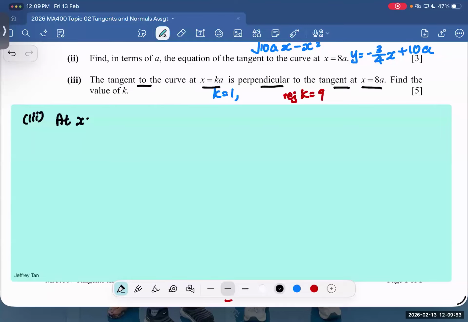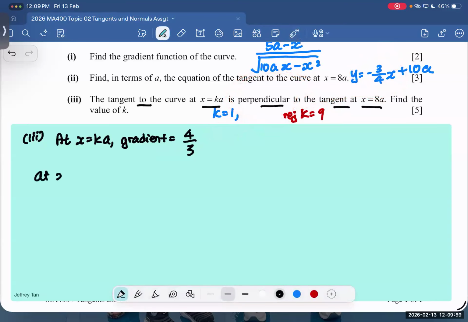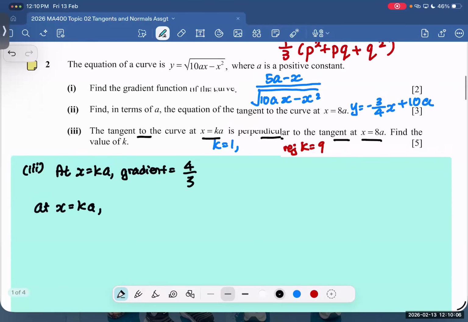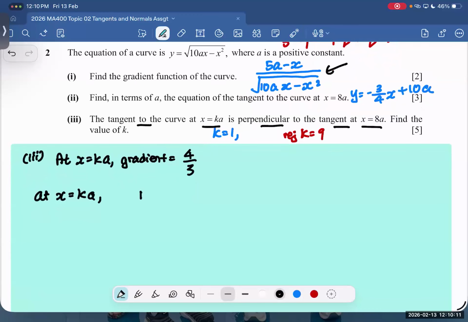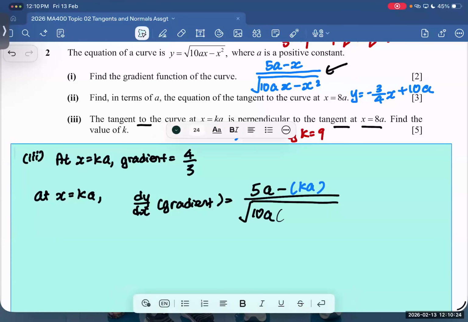Just observe. You also know that at Ka, mathematics sometimes is about writing the same thing in two different ways and then forming an equation. What's the dy/dx? Remember here, your dy/dx, aka gradient, is equal to 5a minus Ka. I'm writing the same thing in two different ways, 10a or Ka.